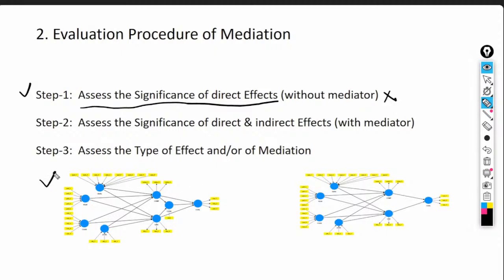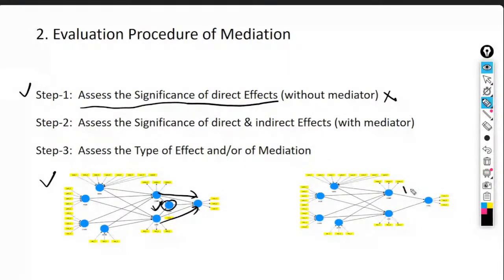This is my full model, and this is the mediating variable. So when we perform the Baron and Kenny approach, we exclude the mediating variable and then check the direct effect of both the exogenous and endogenous construct.